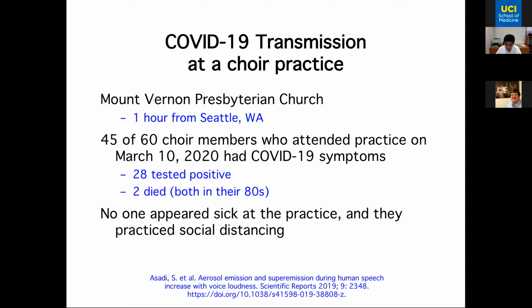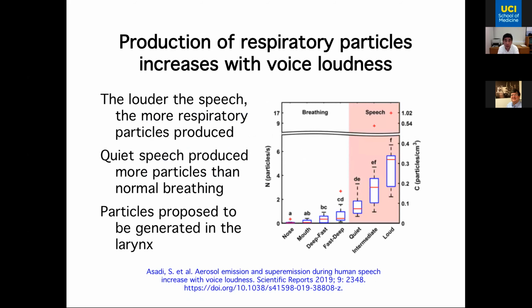Now, the interesting thing is that there's been some data showing that production of respiratory droplets, respiratory particles, increases with voice loudness. This is a study where the y-axis shows the number of particles. There are many more particles produced with speech compared to just breathing. And the louder the speech, here it goes from quiet to intermediate to loud, the more droplets being produced.